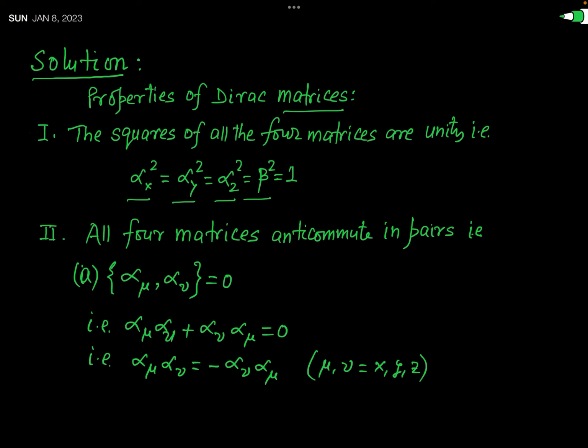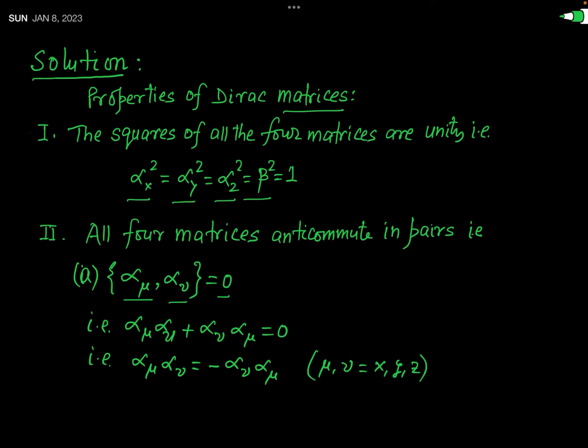Now the next important property which we learnt in the previous lecture was that any pair of these four matrices anti-commute with one another. They do not commute, but anti-commute. So when alpha mu anti-commutes with alpha nu, the result is equal to 0.